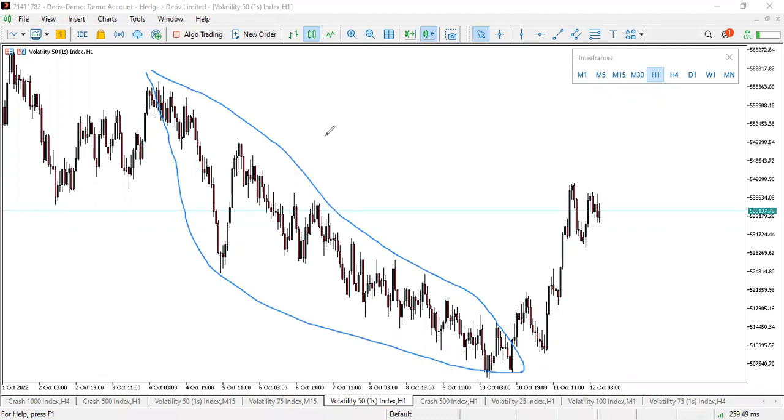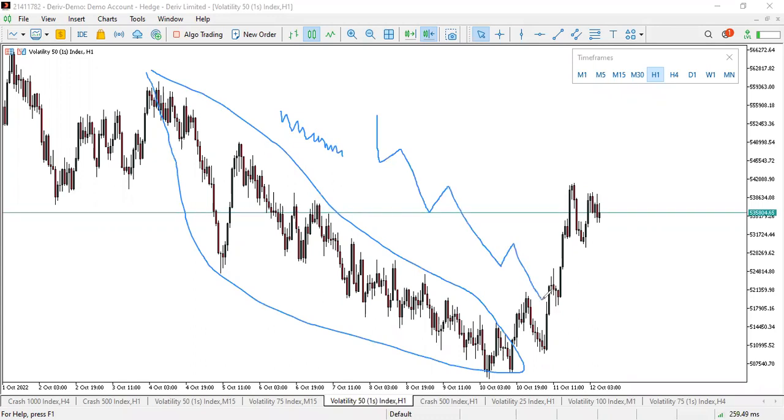If it was liquid, the market should move like this, but here the market is moving very slowly. So this shows that the market can break out of this bearish move at any time. Anytime it will rally up in a fast way.